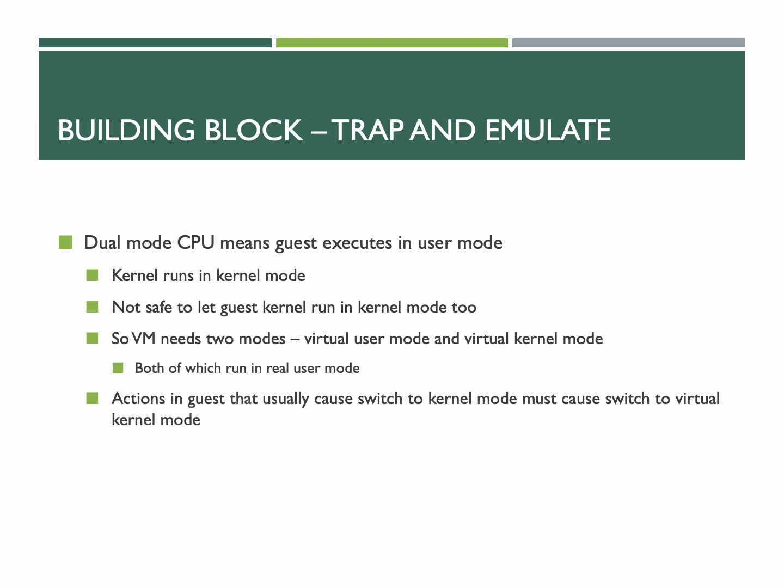Okay, now the key to managing transitions between these modes is the trap and emulate mechanism. When a guest operating system attempts to perform an operation that would typically require kernel mode privileges, the CPU, under the direction of the hypervisor, traps this operation.